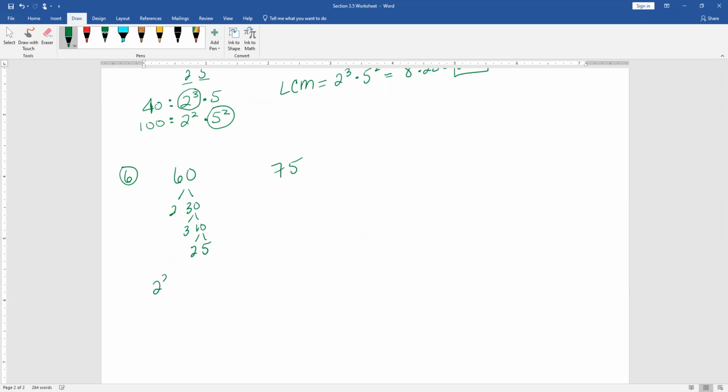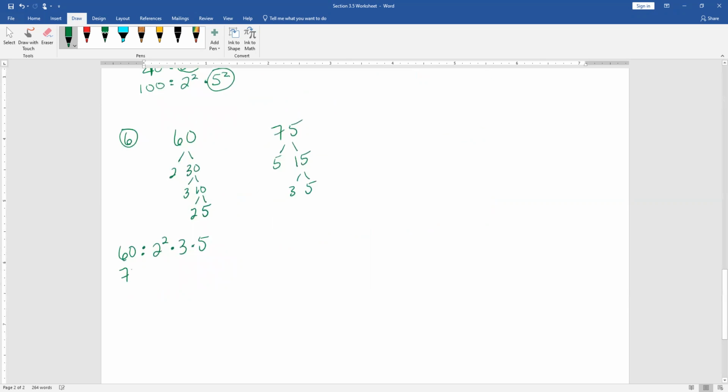So we have 2 squared times 3 times 5 as the prime factorization of 60. 75, we have a 5. 5 times 5 goes into 75 15 times. And then 15 is 3 times 5, both of which are prime numbers. So 75 has a prime factorization of 3 times 5 squared, because there's 2 of them.